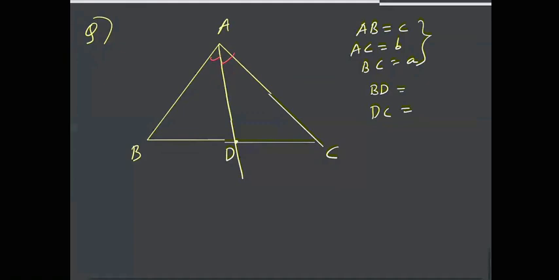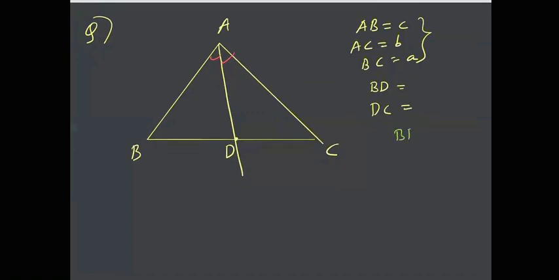So we know that BD over DC is equal to AB over AC by the internal angle bisector theorem. So BD over DC is nothing but c is to b, and this entire length is a.